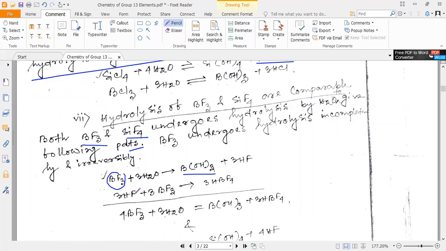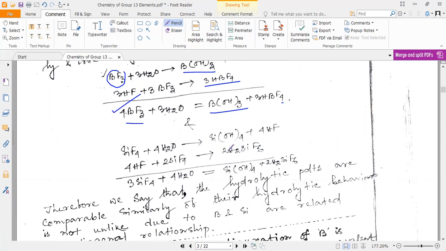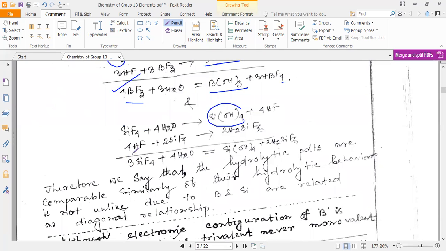Then this HF molecule further reacts with BF3 and forms this kind of compound. The overall reaction is that boron trichloride with 3 equivalents of water provides boric acid and 3 HBF4. Similarly, in the case of silicon tetrachloride, it again gets hydrolyzed and forms Si(OH)4, and the overall reaction is SiCl4 plus 4H2O.